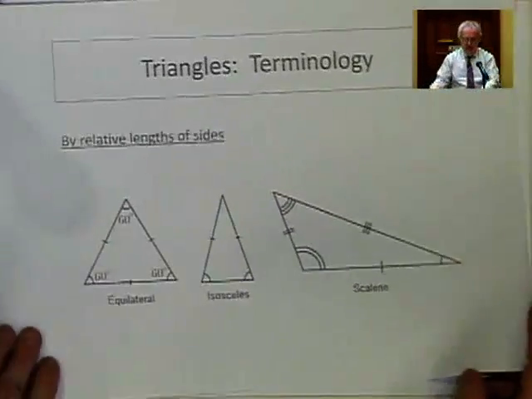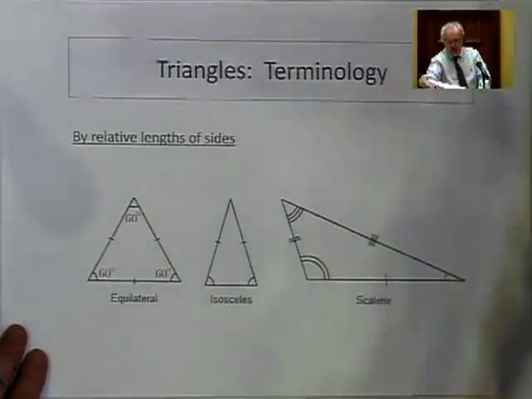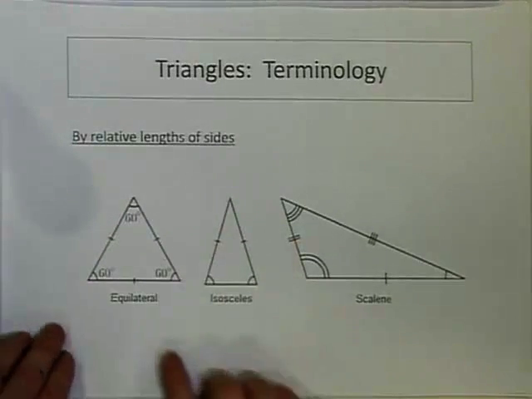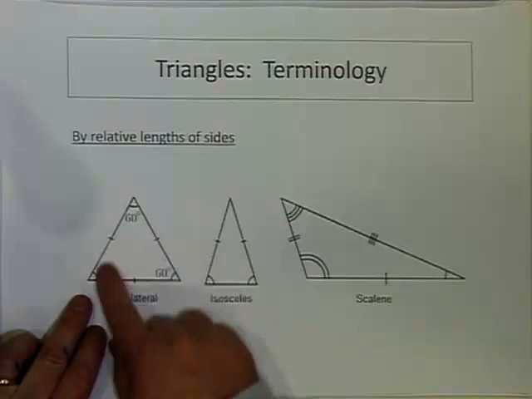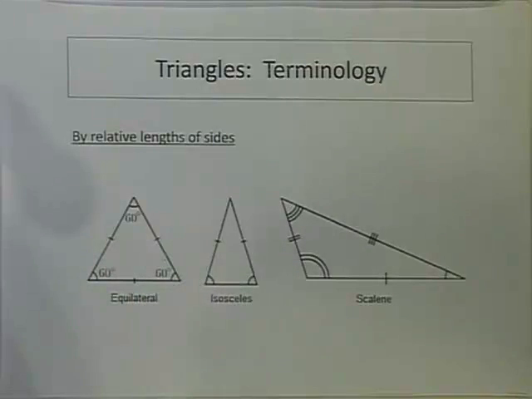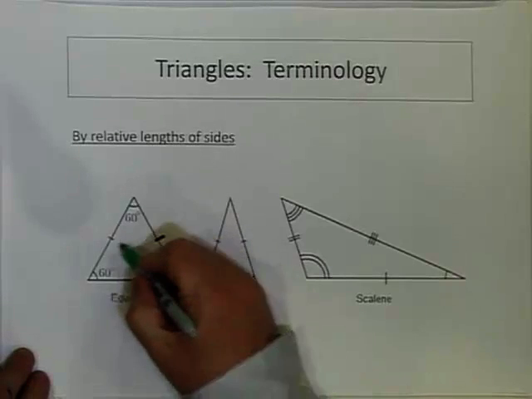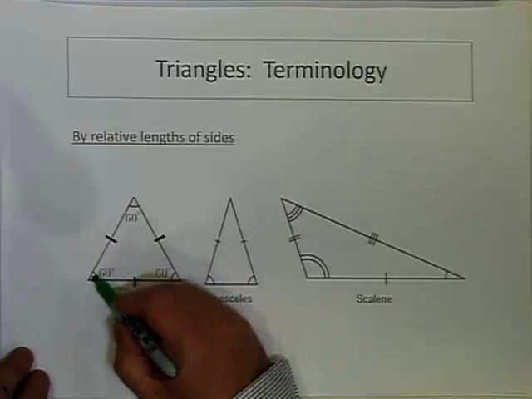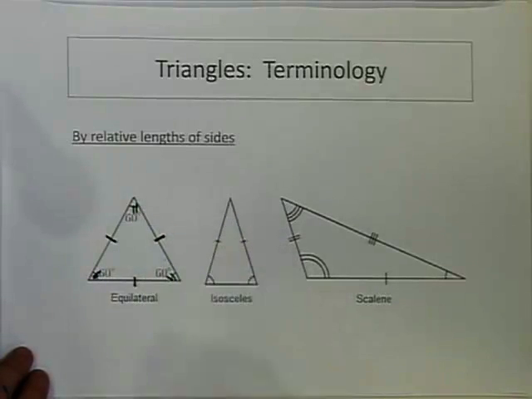So terminology. You can describe triangles by their relative lengths of their sides. This is an equilateral triangle. Three sides the same, three angles the same. And that's shown here by the dash there, the one line here that's showing it's the same. The 60, 60, 60. And that could have been shown here as well by two dashes.